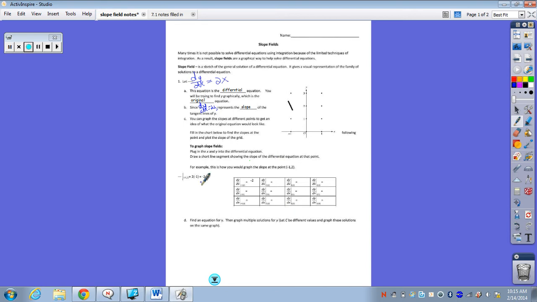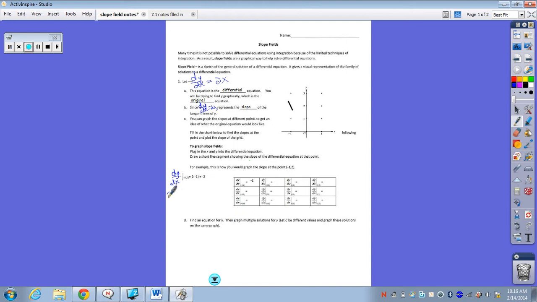So for example, we did -1, 2. At -1, 2, I'm going to plug it into dy/dx, and how they write it is they put dy/dx and a bar and then the point, -1, 2. The only one we care about is the x because that's the only thing in there. So we get -2. Then at -1, 2, they drew a slope of -2. I'm going to fill in the rest of the chart.